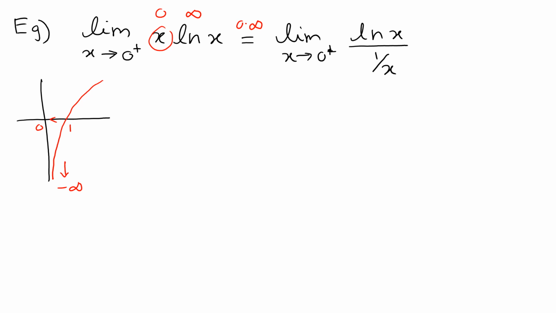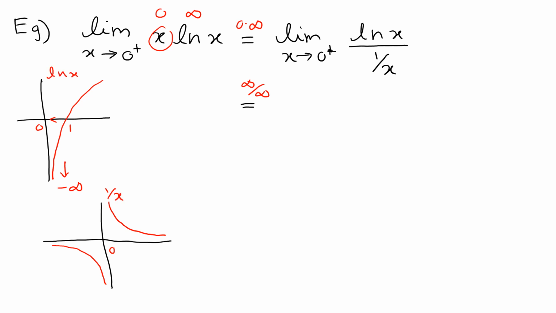After we do that, when x goes to 0 plus, the top goes to negative infinity, and the bottom also goes to infinity, because you remember the graph of 1 over x. It goes like that and then like that. This is the graph of ln x. So you can see when x goes to 0, the function goes to infinity.